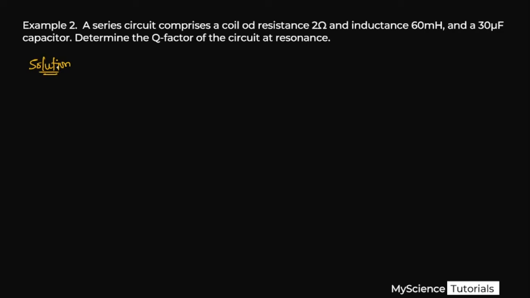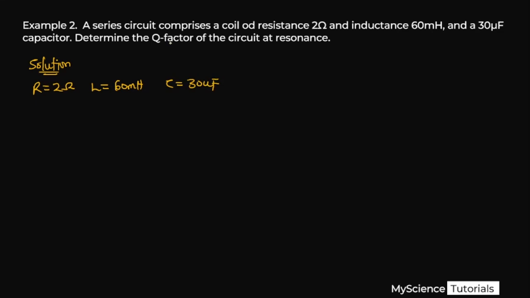So we have a series circuit comprising a coil of resistance, so our resistance is 2 ohms. We have our inductance L is 60 millihenry. We have our capacitor having a capacitance of 30 microfarad. So we have to determine the Q factor.